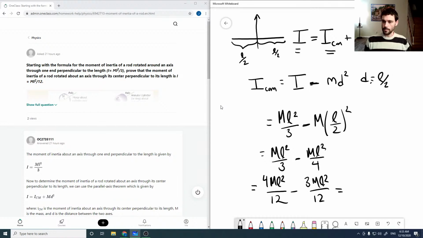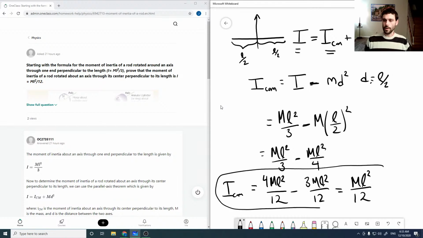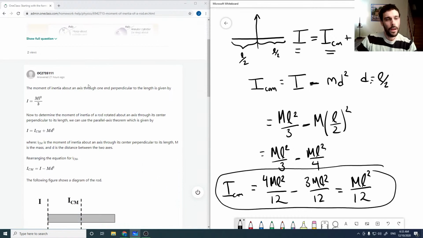And so then that equals mL squared over 12. And so our I about our center of mass is just mL squared over 12, which is what we were asked to prove, so presumably that's the right answer.